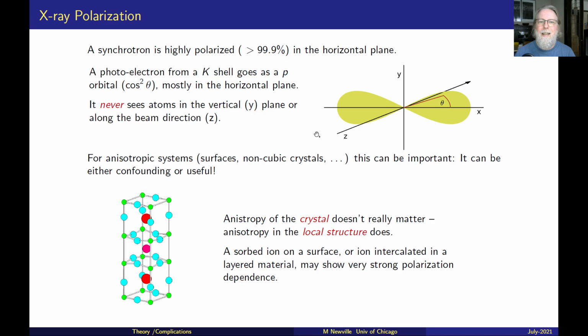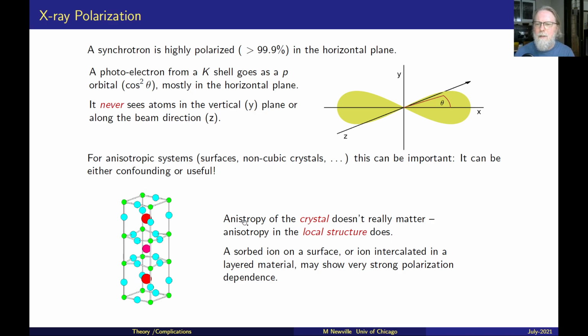In fact, for K shell, you're not sensitive to atoms that are directly above or below it in the frame of reference of the experiment. This needs to be kept in mind for looking at anisotropic systems, so surfaces, non-cubic crystals, and so on. This can be useful, or it can be confounding.